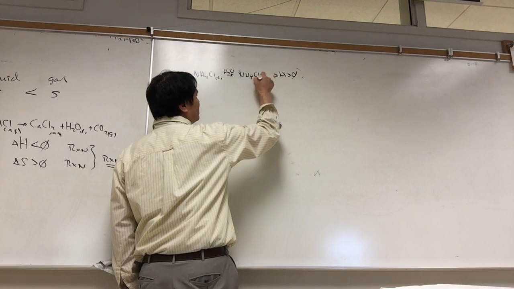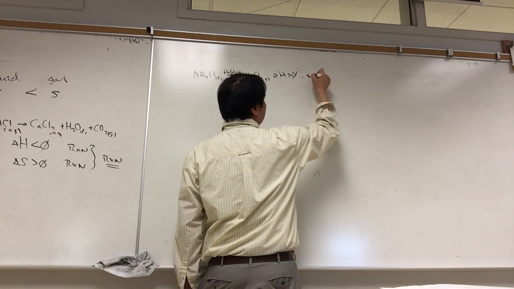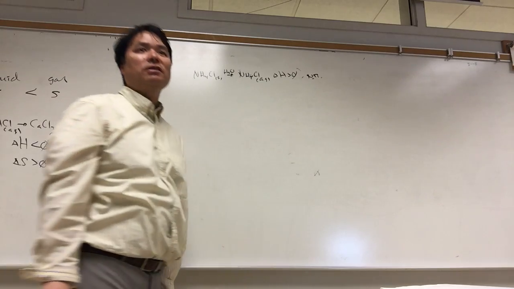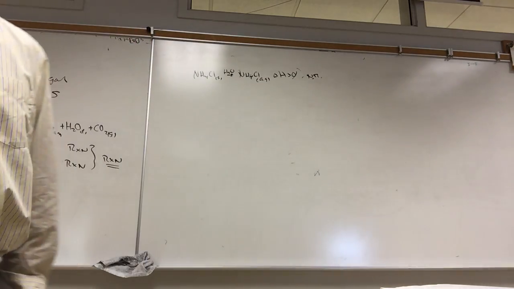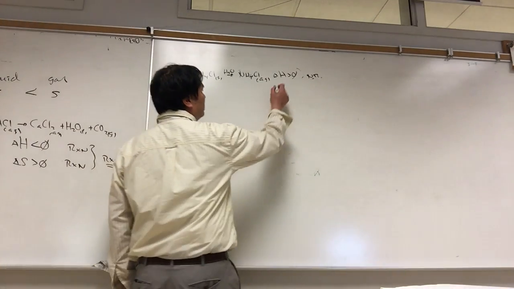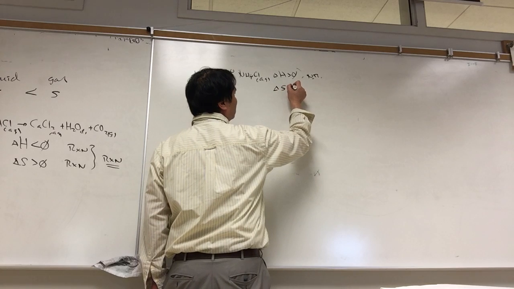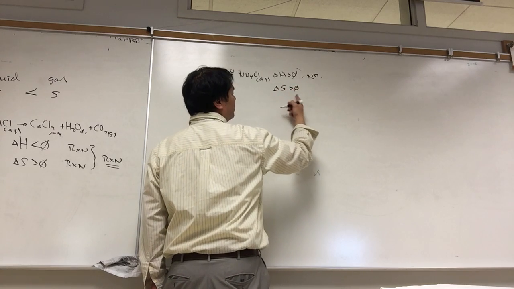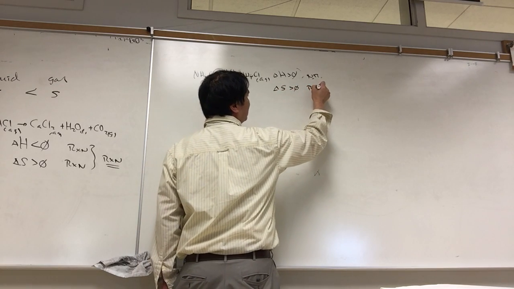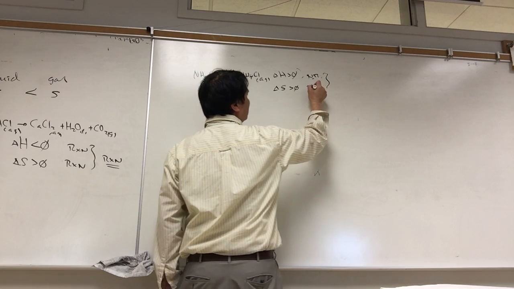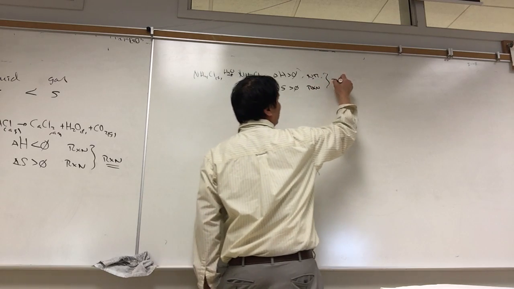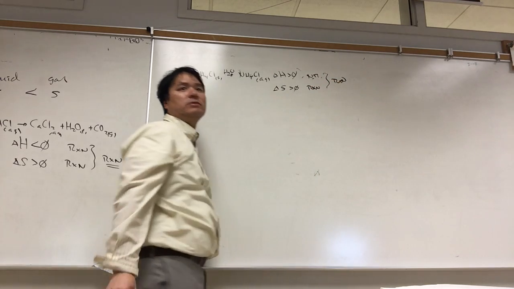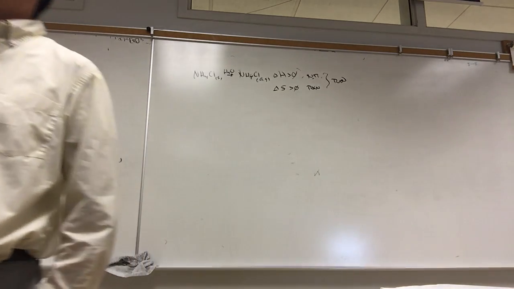If delta H is positive, that means energy says we shouldn't have reaction. You know, it's a no reaction. But delta S, entropy is going up, so that says reaction. And so which one wins out in this case? Well, which one won out was reaction. We observe reaction. Ammonium chloride is soluble in water.